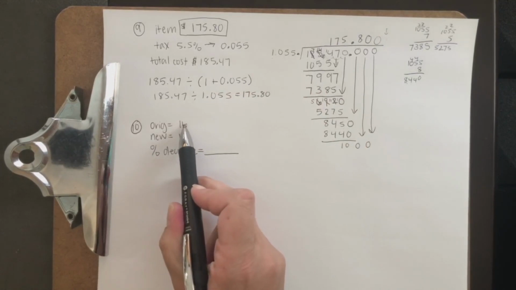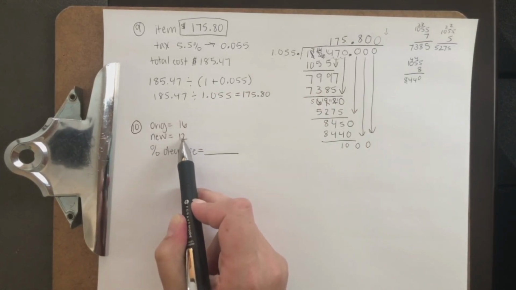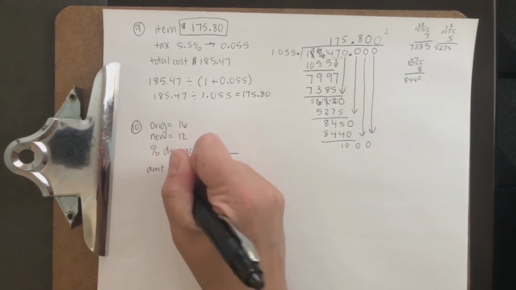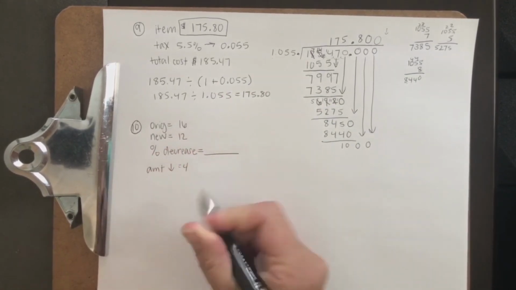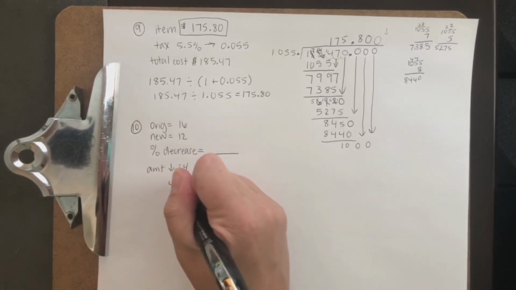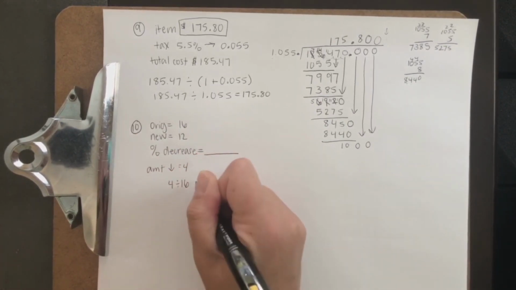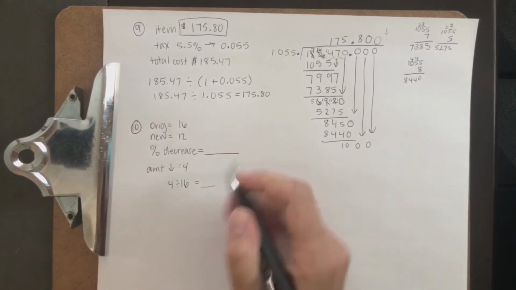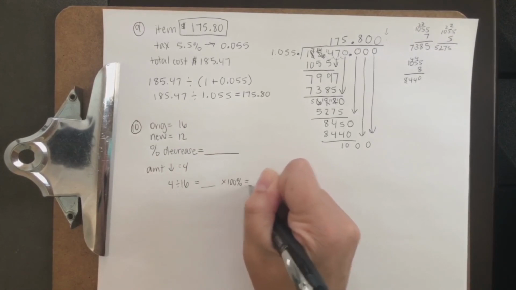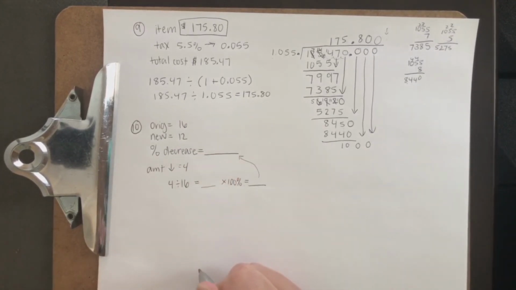So if the original was 16 and the new is 12, that means our amount of decrease is 4. So we're going to take 4, divide it by the original, 4 divided by 16, and that will give us a number. We'll multiply that by 100% to give us our answer.